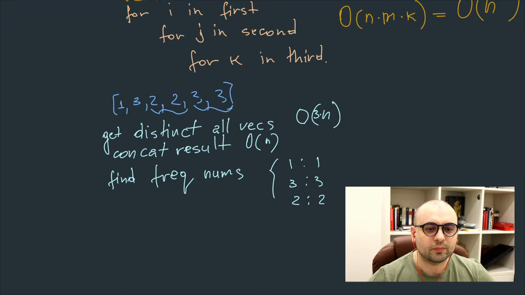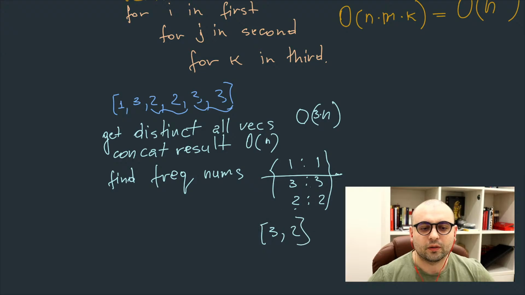So for the end result, we can filter everything which is greater than 2, because this means they come from a different array. So the end result will be 3 and 2. It also depends on the order. So we have this algorithm, which in sum will be big O of n.